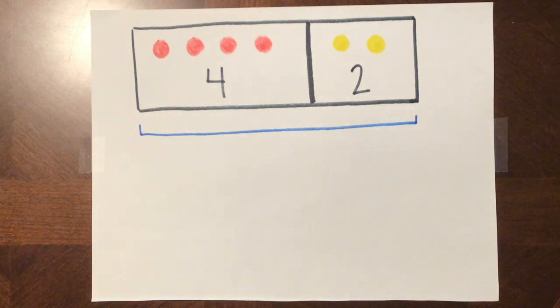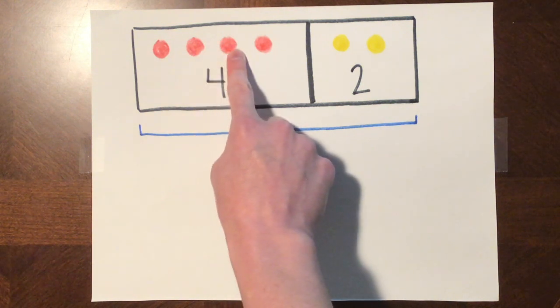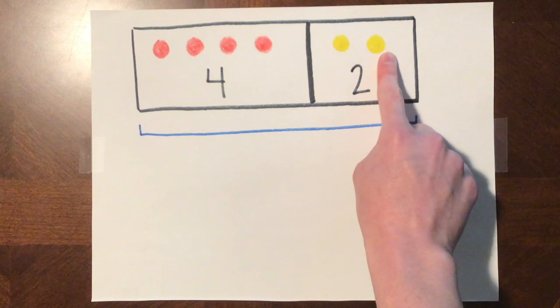We can count to find out how many pieces there are all together. 1, 2, 3, 4, 5, 6.